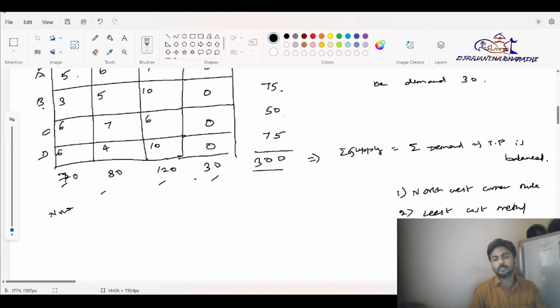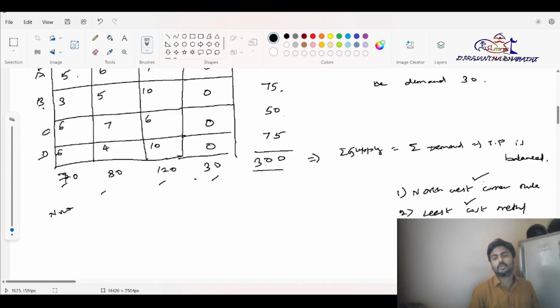What I can suggest to you is, if you are asked to solve any transportation problem using the northwest corner rule, you can solve it by using the northwest corner rule method. If they mention to solve that problem using least cost method, you can solve it by least cost method. If no method is mentioned, you can go for Vogel's approximation method, because the Vogel's approximation method is considered to be the best method to solve the transportation problem.